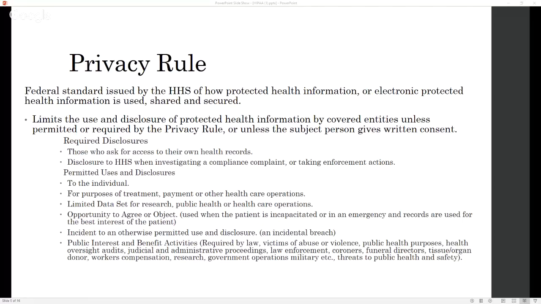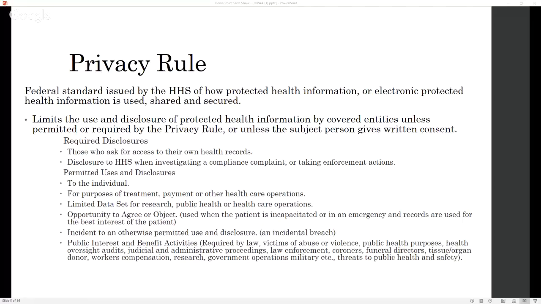Incident to an otherwise permitted use or disclosure: from my understanding, this is an incidental breach. This isn't going to be punished, because no matter what you do, things happen where someone might see something they weren't supposed to. But as long as the healthcare organization has safeguards in place to keep that from happening as much as possible, they're good.